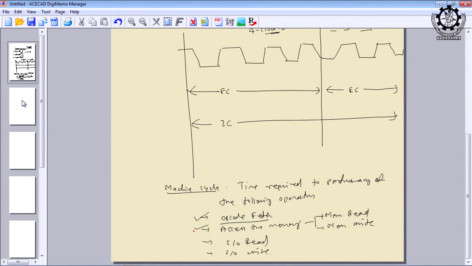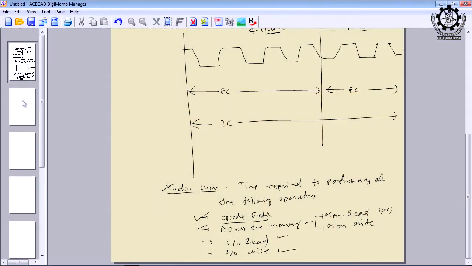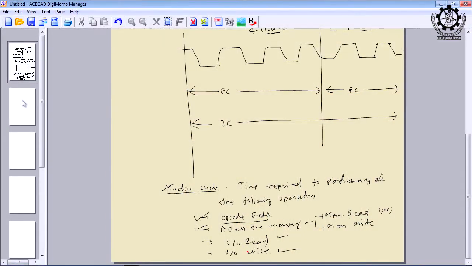Then access the memory for two operations, memory read or memory write. If you do a memory read operation, that can be a machine cycle, or if you write something into the memory, that is also a machine cycle, right. Then IO read, IO write. IO read means we are reading data from an input device, and IO write means we are writing data to an output device, right. If you perform any one of these operations, we call it a machine cycle.